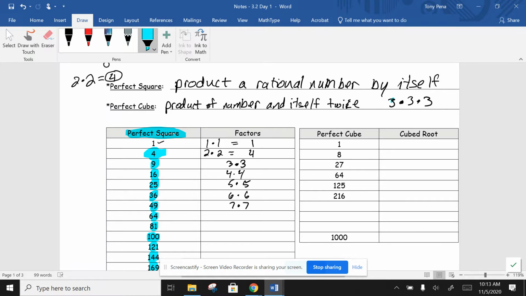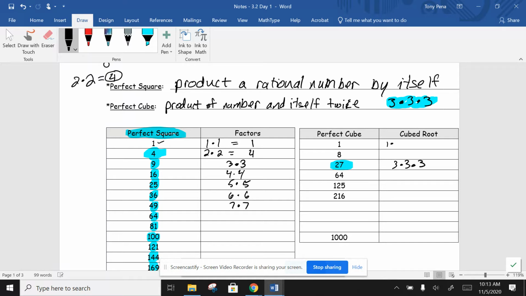So if you think about what is 3 times a 3, that would initially give you 9. But if I did another 3, that's a 27. So that's why you're going to see this 27 in your column listed as a perfect cube, because that's what we get when we do 3 multiplied by itself 3 times, or three 3s multiplied by each other.